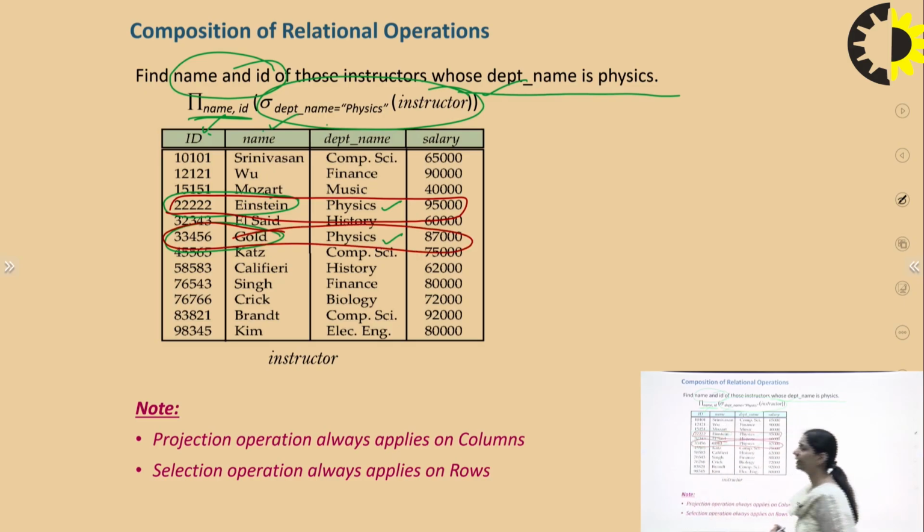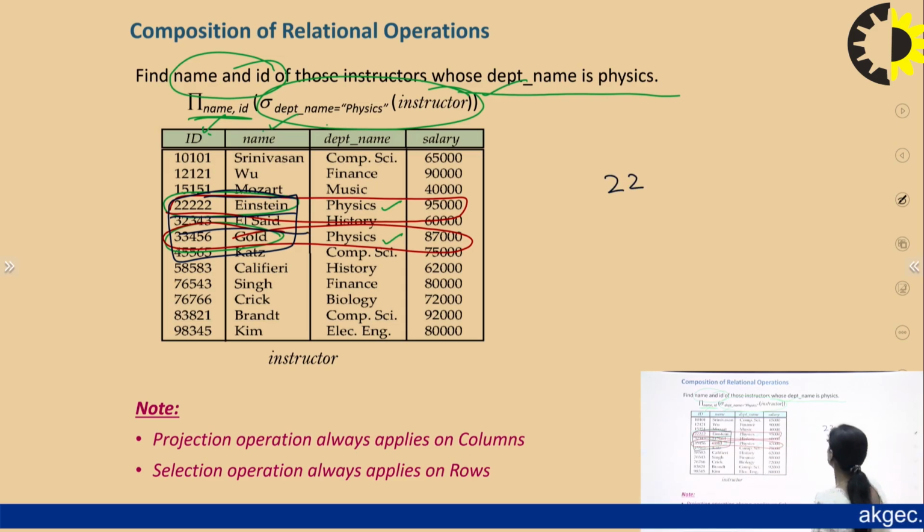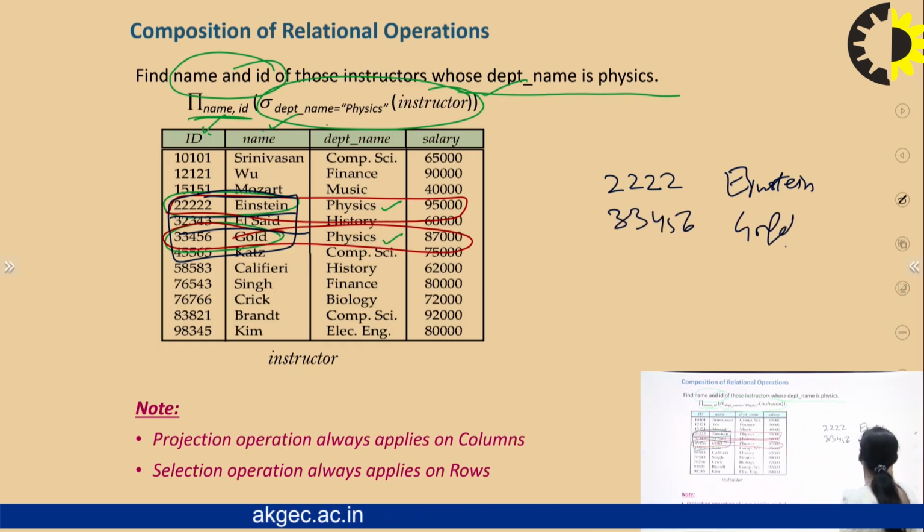Now the next thing that they asked is the project operation on name and ID. So the result that we'll get will be only these two things. This one and this one. We'll get only 2222 with Einstein, and the other record would be 33456 with gold.